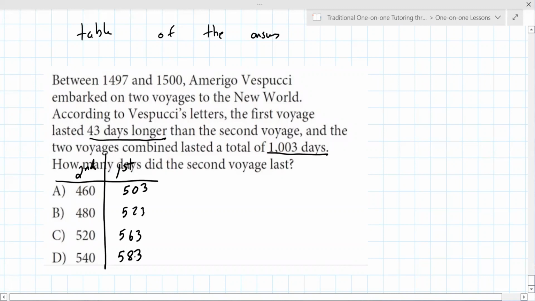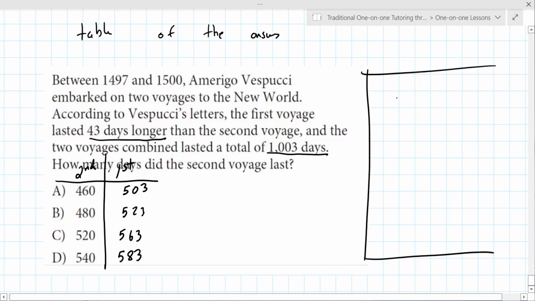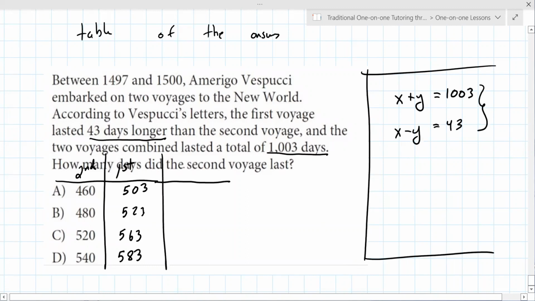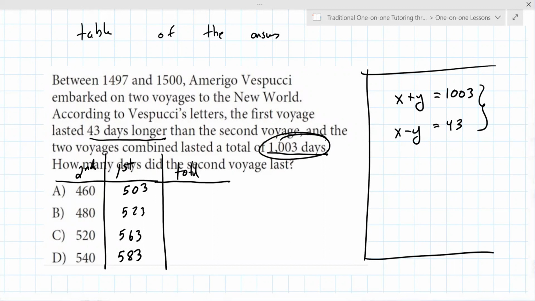Now here's what you do not want to do, and this is over here to the right, because you're writing a system. X plus Y equals 1,003. X minus Y equals 43. You don't want to solve these, okay? What you want to do is build a table and realize that the total is supposed to be 1,003. So which is the correct answer?